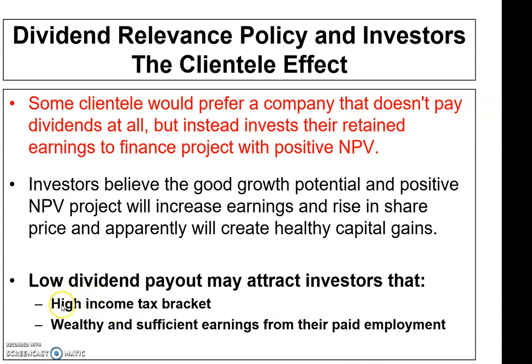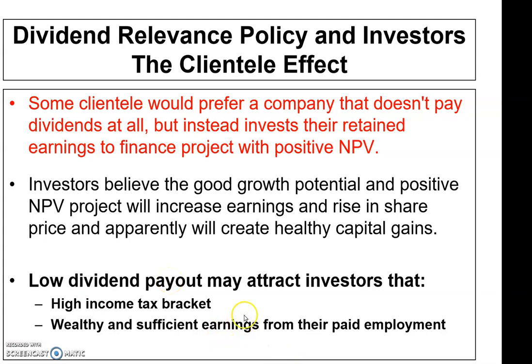So they prefer low dividend payout companies, because if they receive high dividends, more income has to be reported to the inland revenue, and they have to pay tax on the total income received.